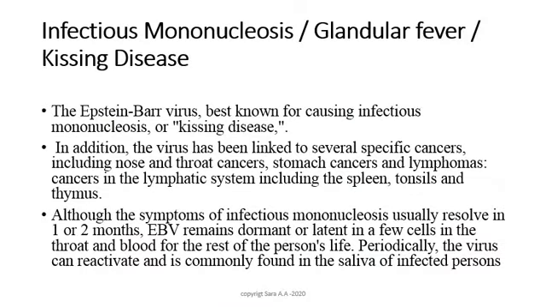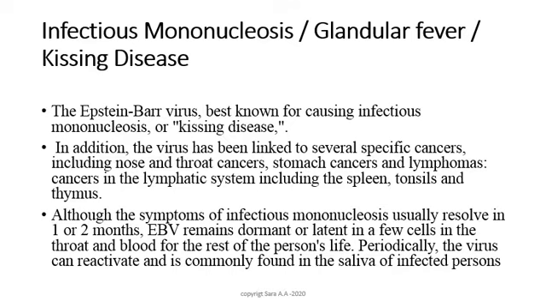Infectious mononucleosis can also be called glandular fever and kissing disease. The Epstein-Barr virus is known for causing infectious mononucleosis. In addition, the virus has been linked to several specific cancers, including nose and throat cancers, stomach cancers, and lymphomas, which are cancers in the lymphatic system, including the spleen, tonsils, and tumors.